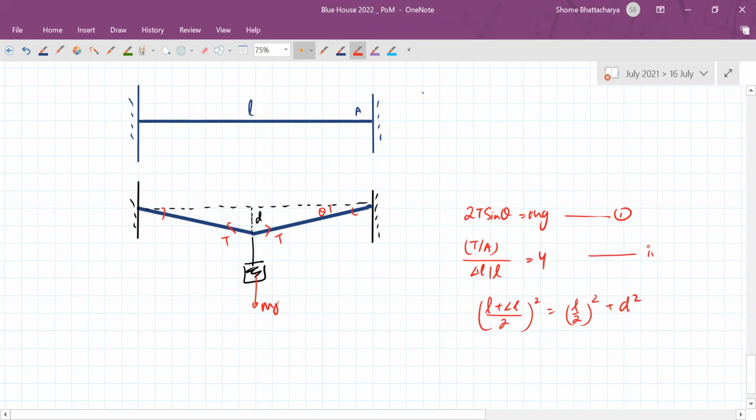So these are your equations. Now what you can do is use small angle approximation. So take sine theta as approximately theta, approximately d divided by L by 2.